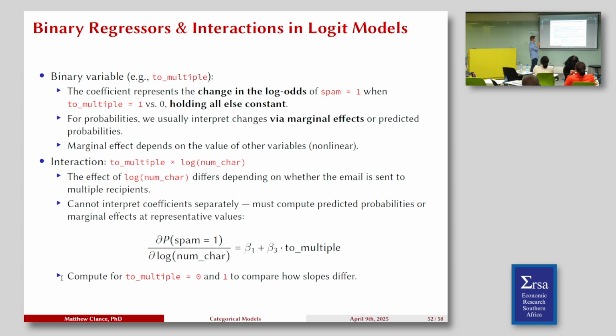So in case of something like when we were looking at the spam, we were thinking about a binary variable. So basically, are there multiple recipients within the chain of the email? Okay. In that case, when we're looking at the coefficient, it represents the log odds of spam equal to 1 when multiple is equal to 1 versus when it's equal to 0.